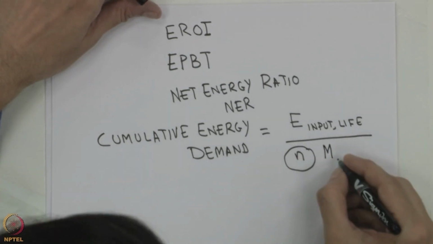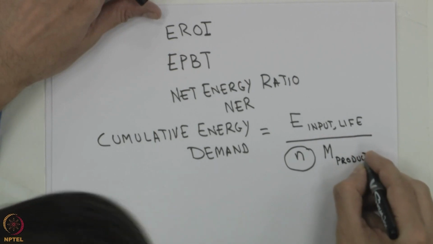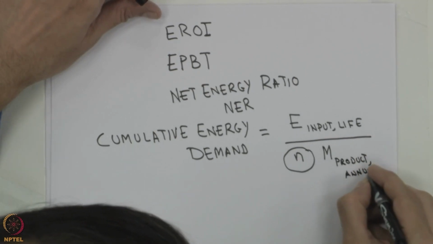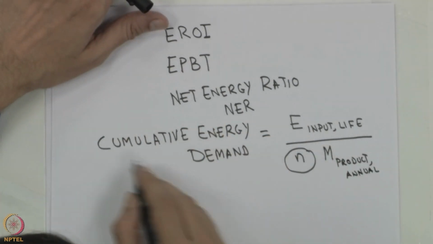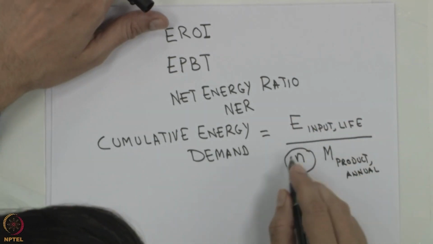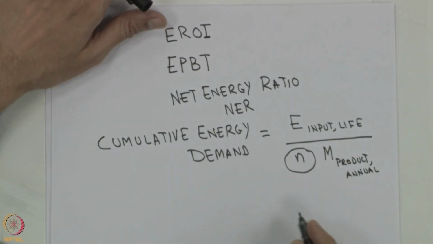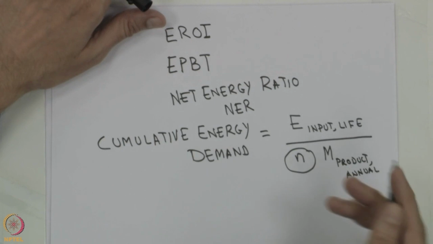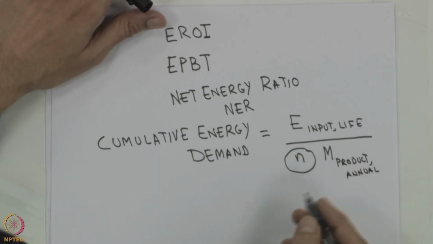So, if you are looking at a production, M product annual, you take the cumulative energy over the lifetime, that is the energy input, divide that by the number of years into the annual production. This is called the cumulative energy demand, and we can compare the CED for different process routes and see overall whether or not our option is better than the baseline.